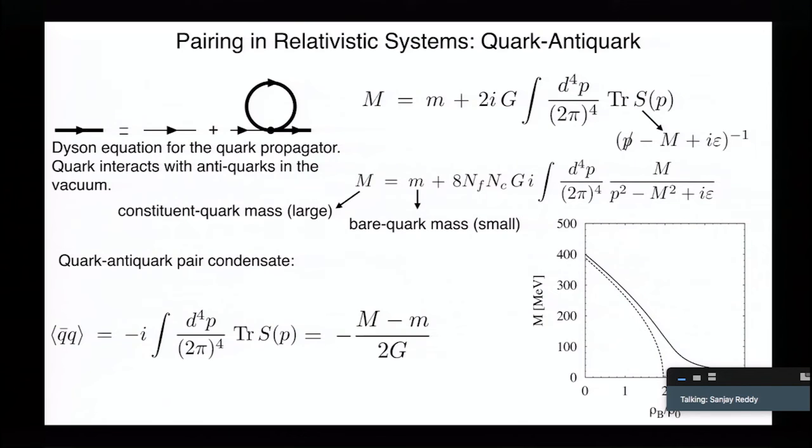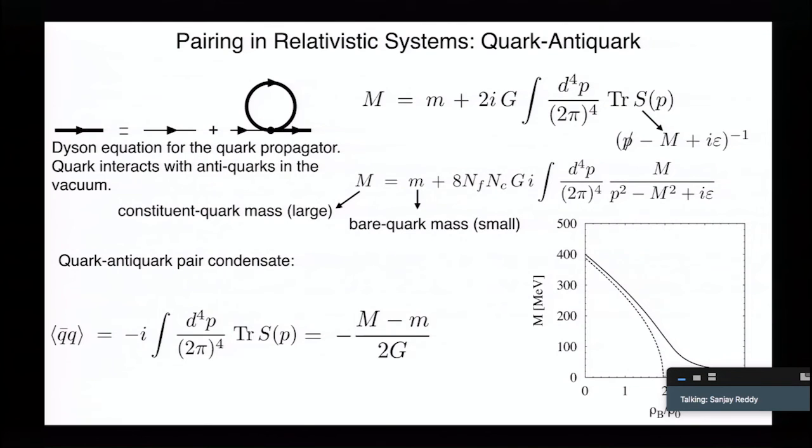And this gap equation, which just solves for this propagation, tells us the relationship between the mass of the constituent quark and this 4 fermion coupling. So one way to fix the 4 fermion coupling would be to just fit to the constituent masses of quarks inside a nucleon.